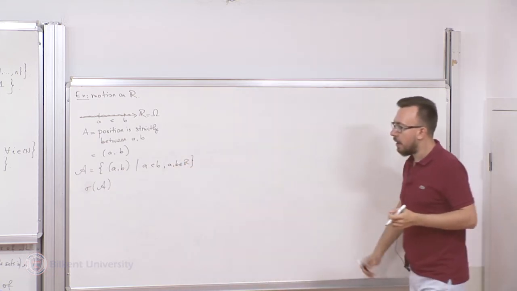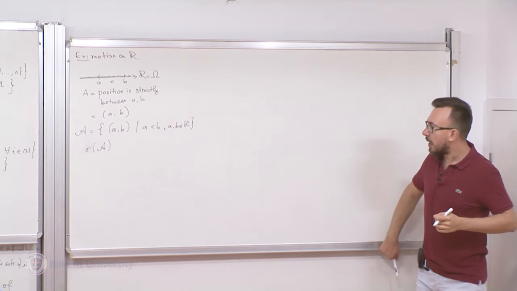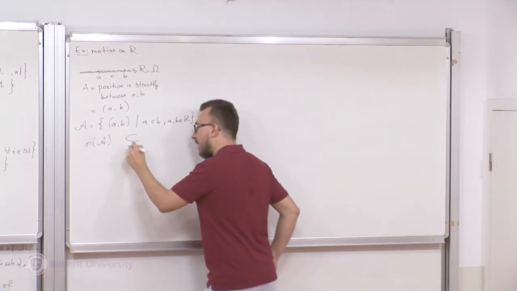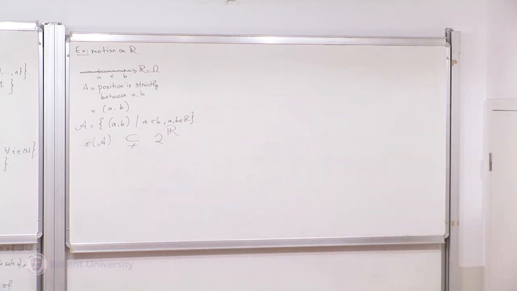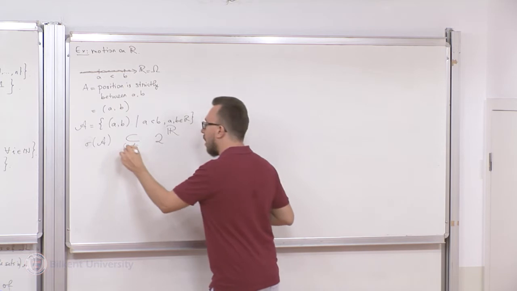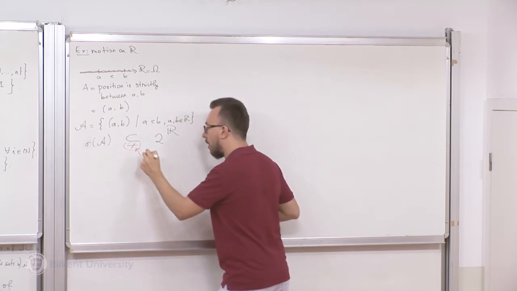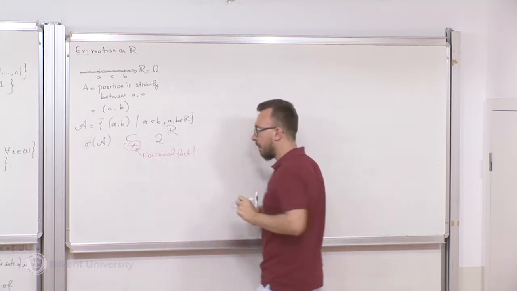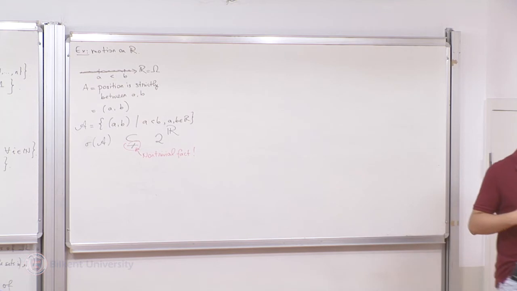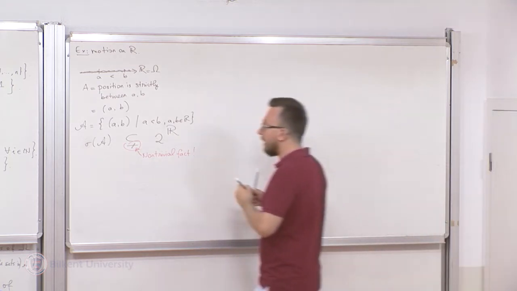Again, this is a non-trivial fact that this is a strict subset of the power set of the real line. And this sigma(A) is a very important sigma algebra. It is called the Borel sigma algebra on the real line.